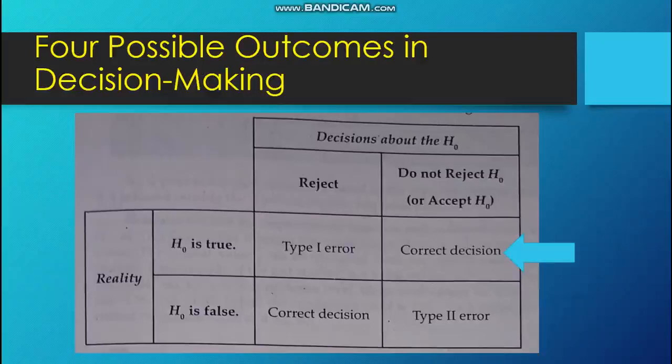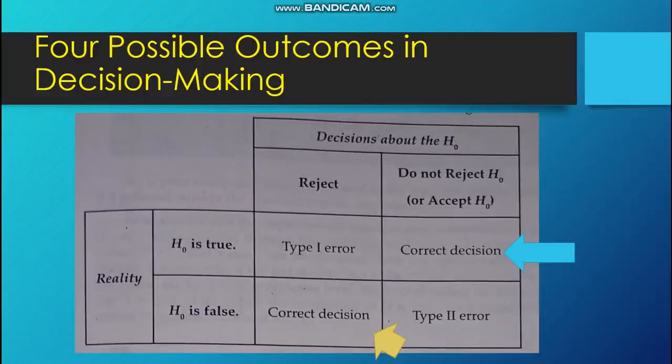That is a correct decision because the null hypothesis is true, it should be accepted. Now, the reality is if the null is false and then you reject the null hypothesis, you're doing again the right decision. Okay? Kasi false ang ating null hypothesis and na-reject mo yon, that is a correct decision.